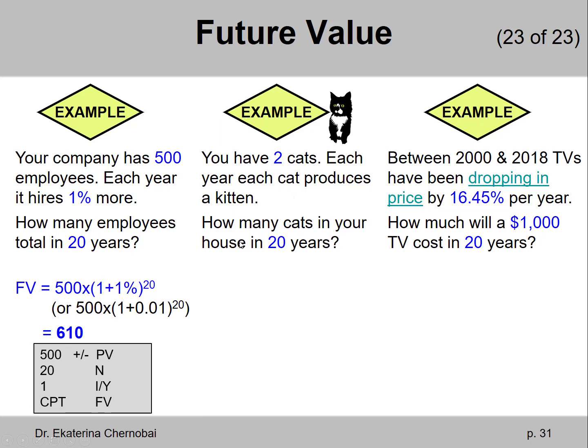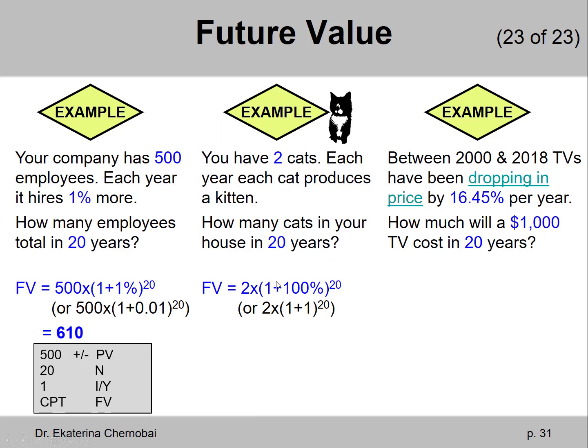And the question is, how many cats will you have in your teeny tiny apartment in 20 years? So the number of cats doubling every year is like 100% increase every year. You can use the future value formula and use 100%, or in decimals, that would be 1.